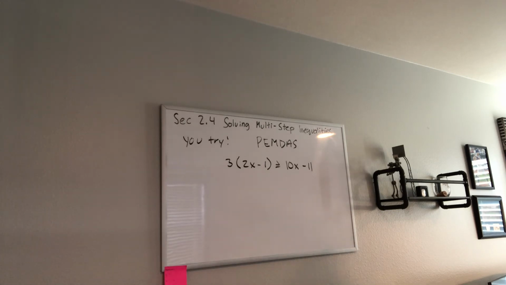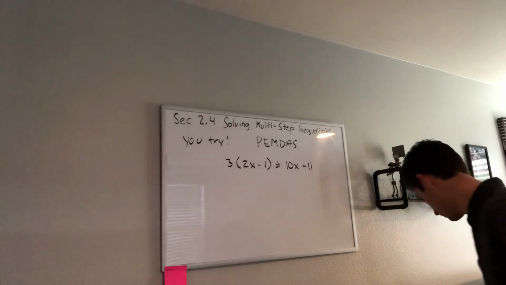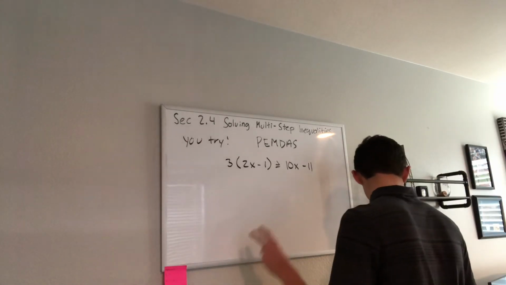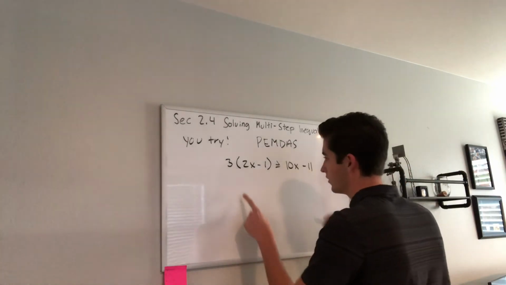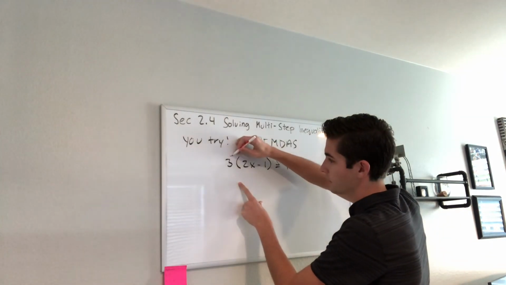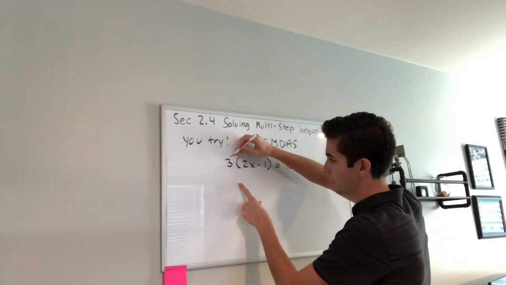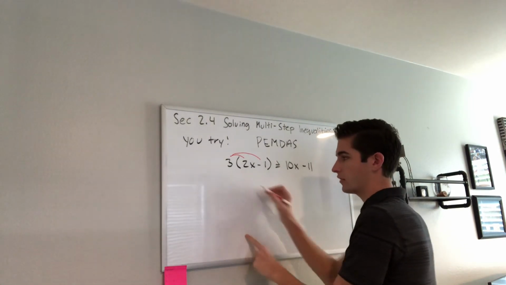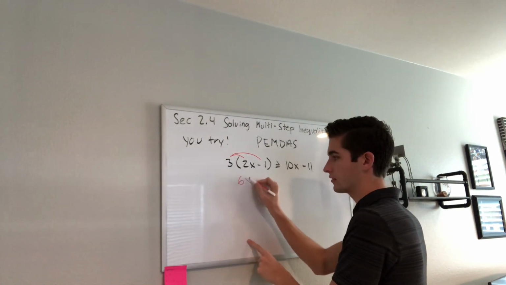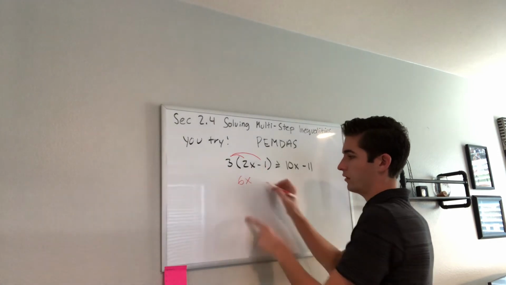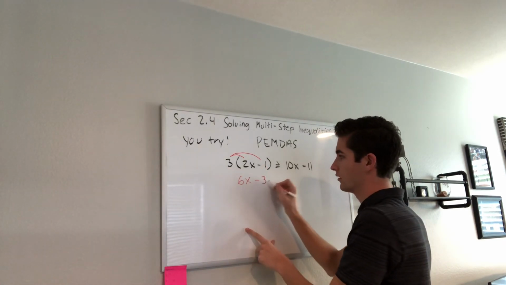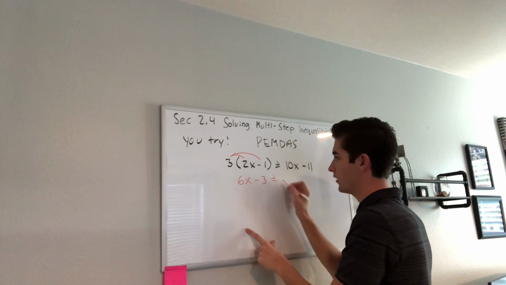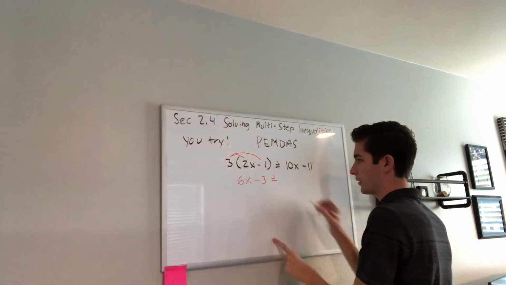So let's try this one. We're going to take this 3 and multiply it by the 2x and the negative 1. 3 times the 2x gives us 6x. 3 times the negative 1 gives us a negative 3. Is greater than or equal to 10x minus 11.